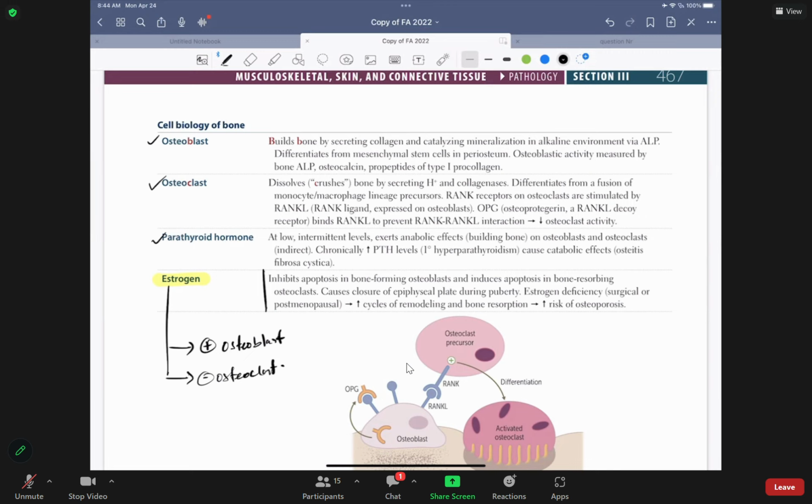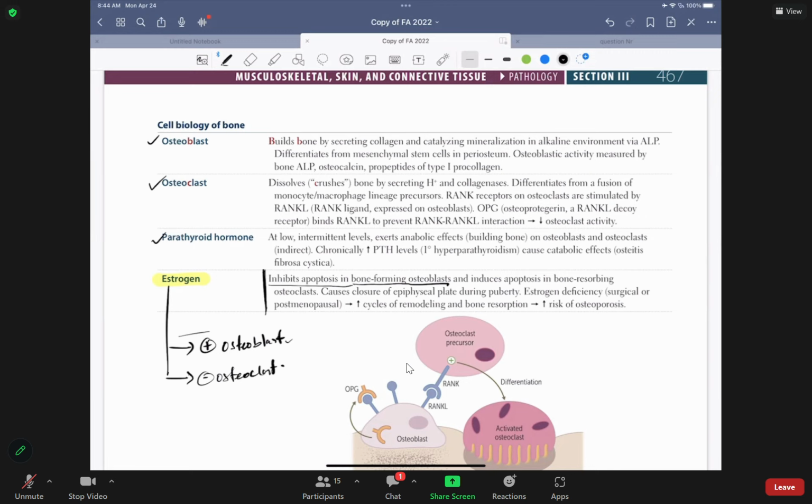Look at that. Estrogen inhibits apoptosis in bone-forming osteoblasts. So they're inhibiting the apoptosis of osteoblasts, so technically they are making more osteoblasts available. I just took these 3 lines and put them in 2. That's all it is. So as long as a female produces estrogen, they have good bones. Clear, folks?